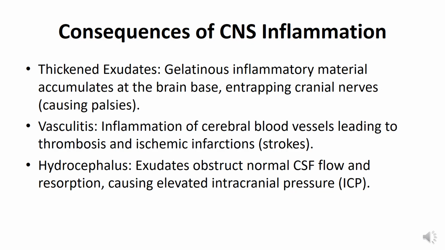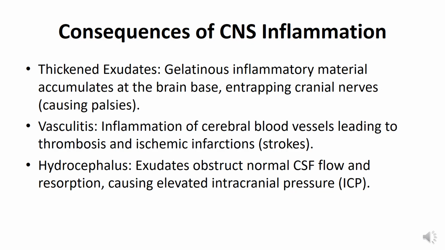A third major complication is hydrocephalus. Under normal circumstances, cerebrospinal fluid circulates continuously through the ventricles and around the brain and spinal cord. The fluid is constantly produced, circulated, and reabsorbed. However, inflammatory exudates can disrupt this delicate system. They may block normal cerebrospinal fluid pathways or interfere with fluid resorption.